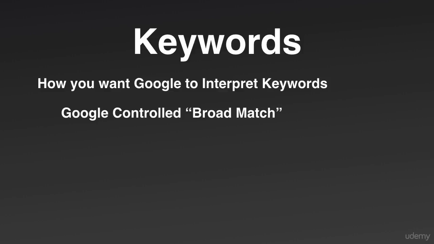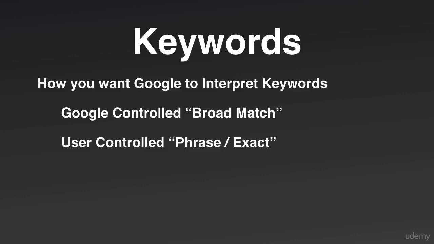If you just put sofa, Google could show your ad to anybody typing in sofa. It could be somebody looking for sofa pictures, sofa paintings, sofa types. And these kinds of queries aren't necessarily people looking to buy a sofa. So you could be spending a lot of money on clicks, but not getting the relevant traffic.